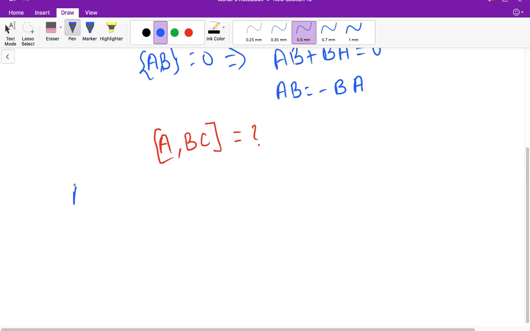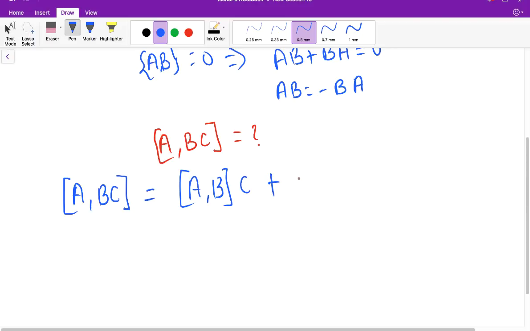So we know that the commutator of A with BC is given as [A,B] with C plus B with [A,C].